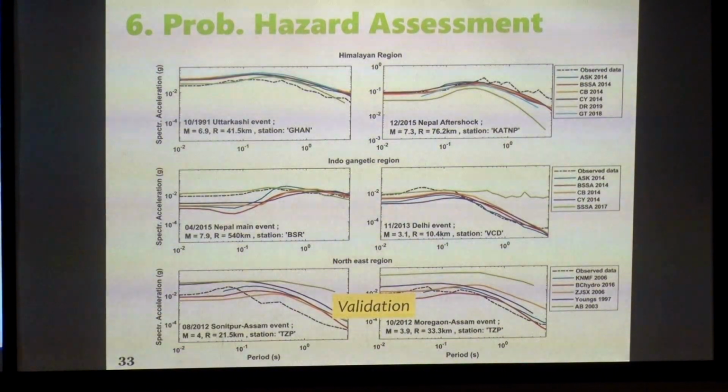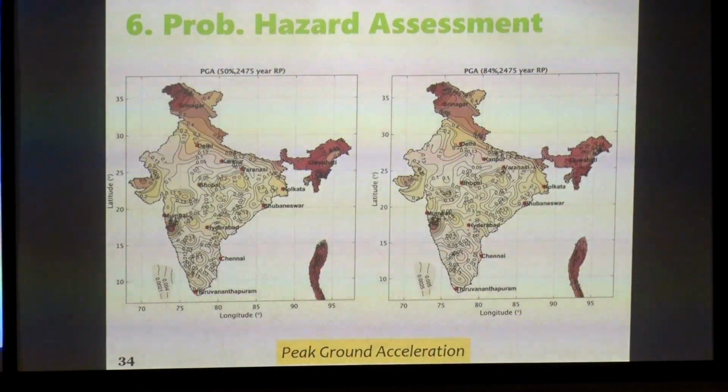And finally, for every region, the response spectra were developed. Now, for these spectra, for instance, you can see the Uttarkashi, Nepal main event, and so forth. So there is already recorded data, and then these spectra were matched, or rather validation of the model was done to see that yes, things are reasonable in that sense.